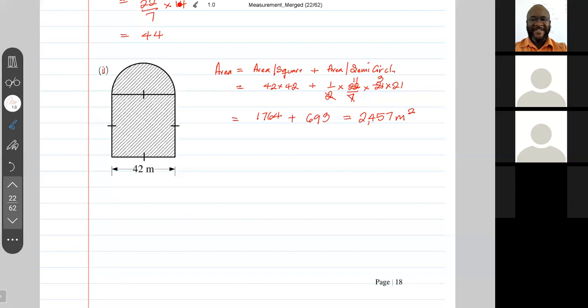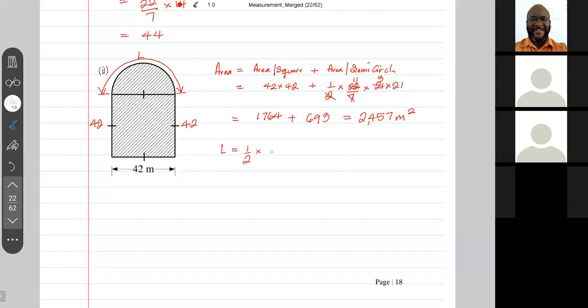All right, we need perimeter. This side is 42. This side is 42. What I don't know is the curve length. Let's call it L, but L is equal to half of the circumference.